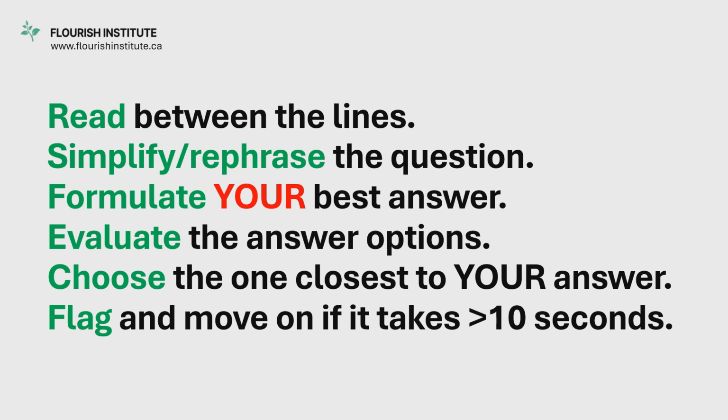And the third step is to formulate your best answer. And "your" is highlighted in red here because that's what we mean, your best answer. Not which of the 4 answer options are the best, but discounting all of them, right? Not even looking at those 4 answer choices. What do you think the answer to that question is, right?